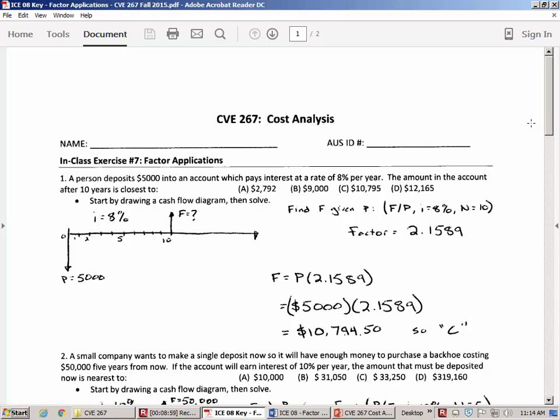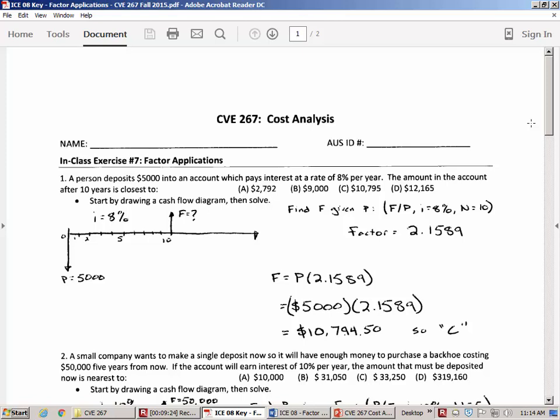So here's what we do. F/P, comma, I equals 8%, comma, N equals 10. That's how I abbreviate the essence of the problem inside those brackets. We're saying that we want to find the future given a present amount at 8% compounding and 10 compounding periods.